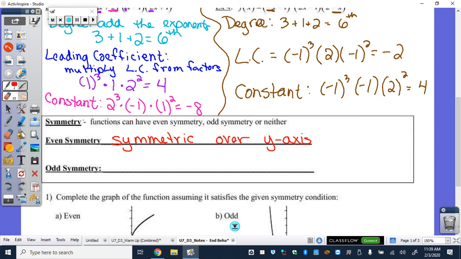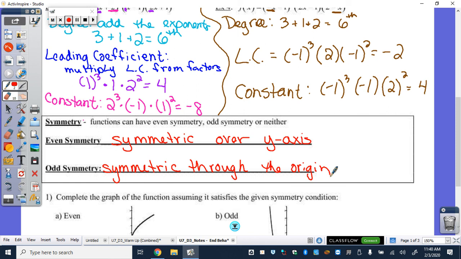And then odd symmetry is symmetric over, that's inverse line, the origin. So symmetric through the origin for odd symmetry.